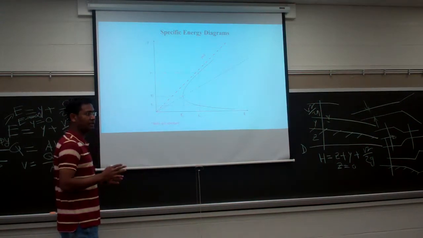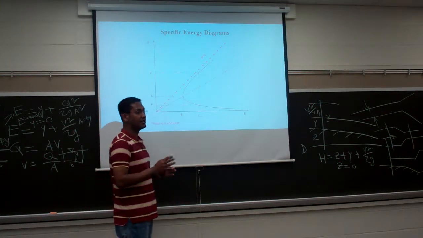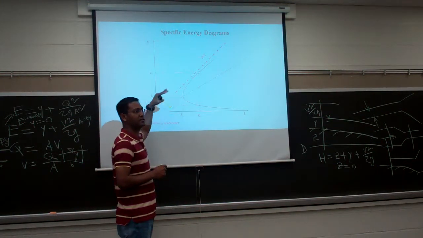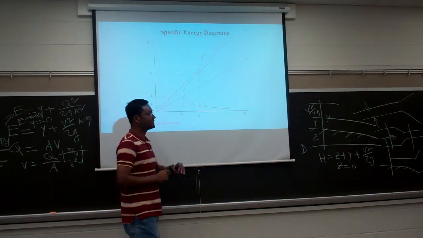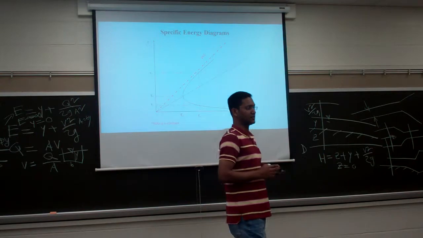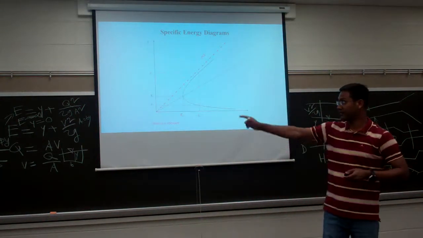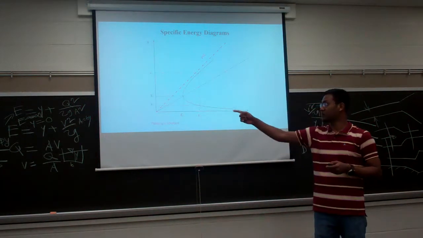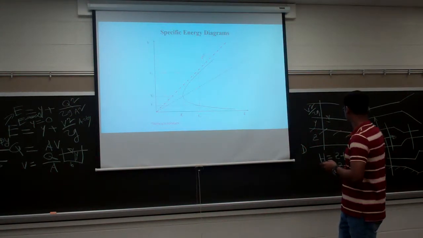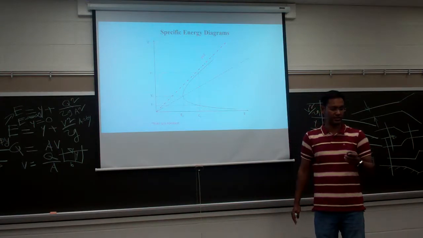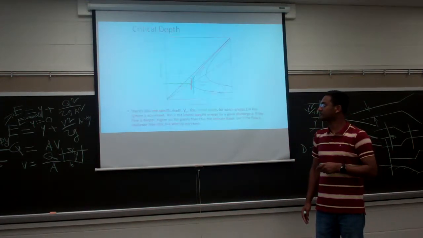For subcritical flow, the Froude number is less than 1, but the depth is greater than the critical depth. So this is the specific energy curve, and that is the equation from which we can draw this curve, right? And that is the application of specific energy in our real world situation.